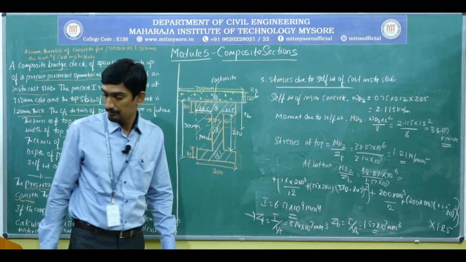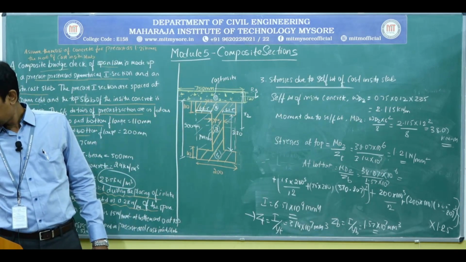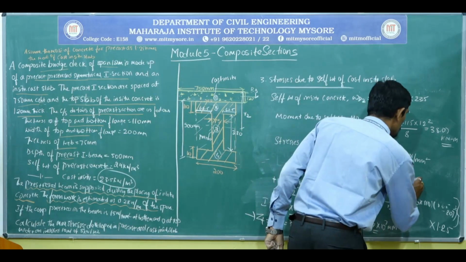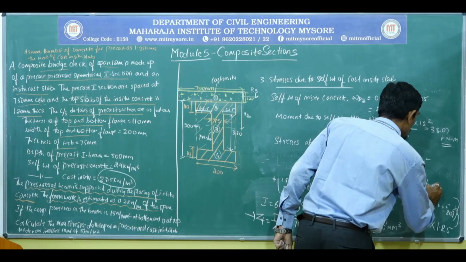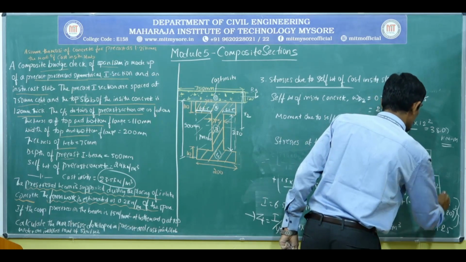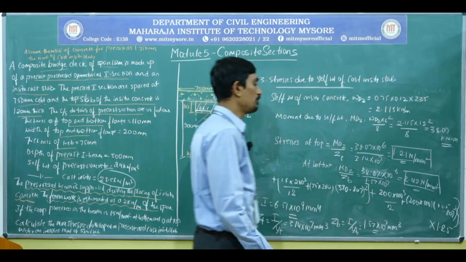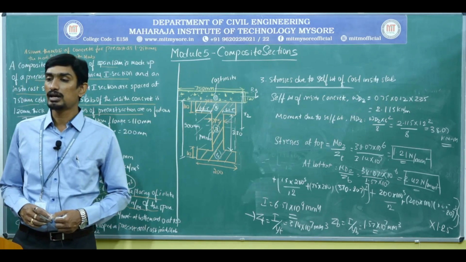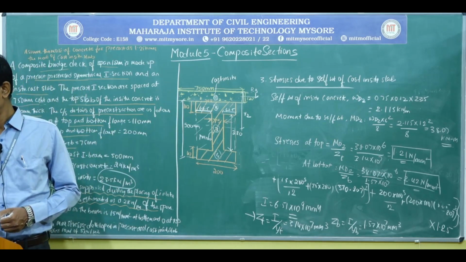So the answer will be 2.42 Newton per millimeter square. So this will be the stress at top and bottom for self-weight of cast in situ slab.